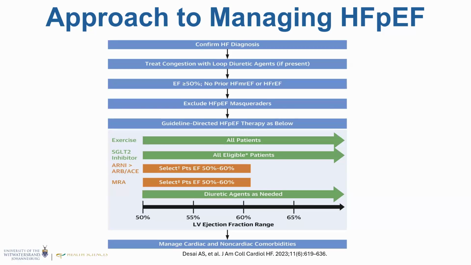And if the patient has an EF of 50 or more and no prior heart failure with mildly reduced EF or HFrEF, and you have excluded all those mimics that we described on that table, then you start them on guideline-directed therapy. So SGLT2 inhibitor, class 1A indication, and then exercise apparently improves quality of life, and it's also a class 1 indication. Okay.